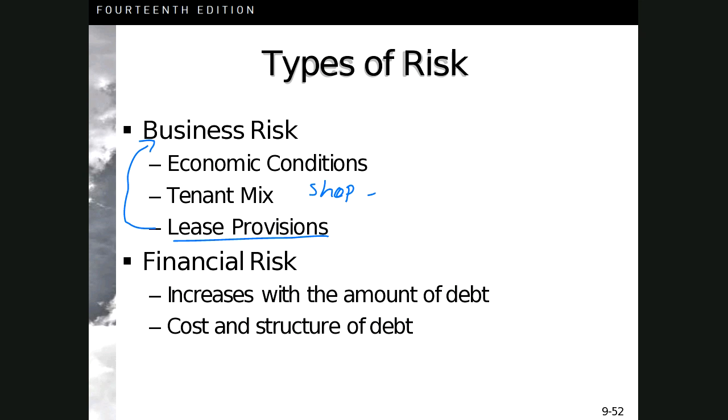On top of that, of course, you also have the financial risk. The financial risk will increase with the debt. The more debt or the more mortgage you have, the higher leverage you're going to have. And the cost and structure of the debt and the interest rate or mortgage rate will also affect the financial risk.